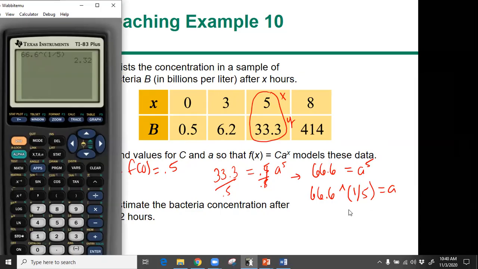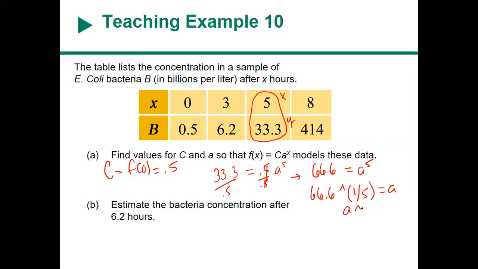So now we know A is approximately 2.32. Therefore, my function that models this equals 0.5 times 2.32 to the x power.